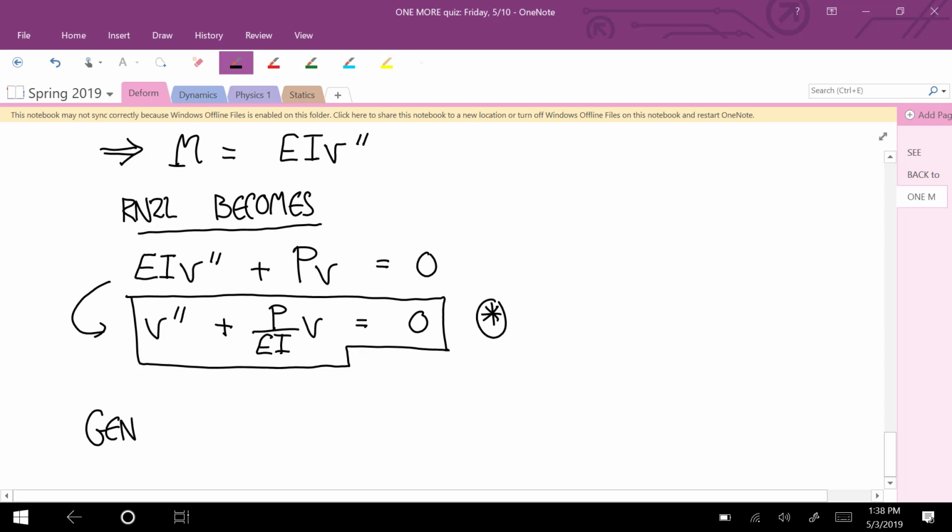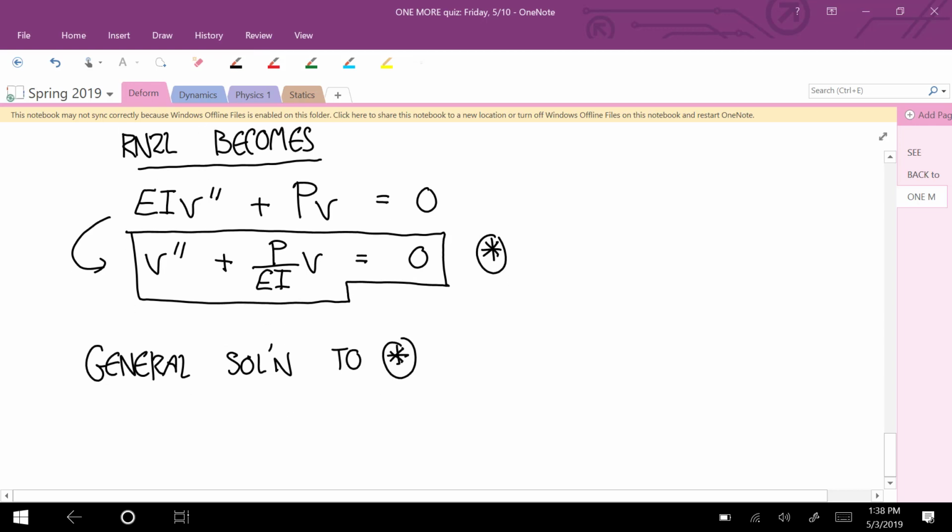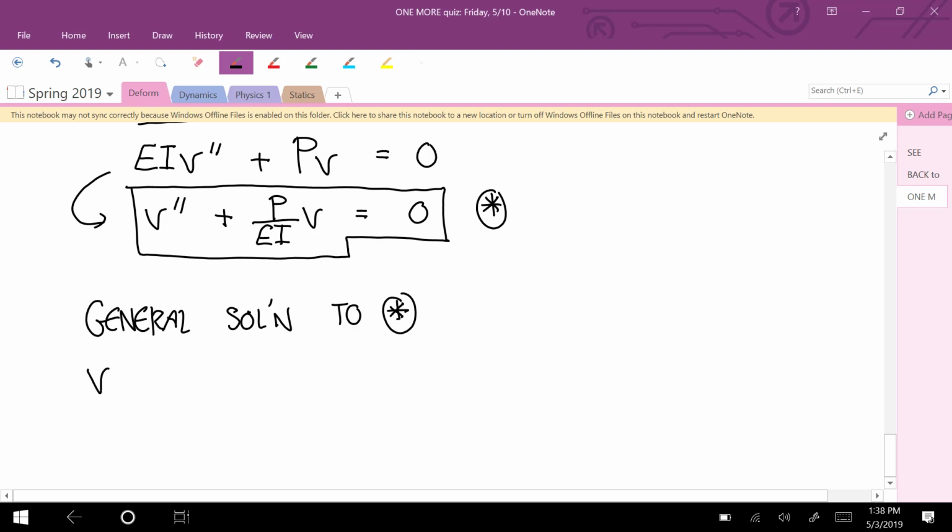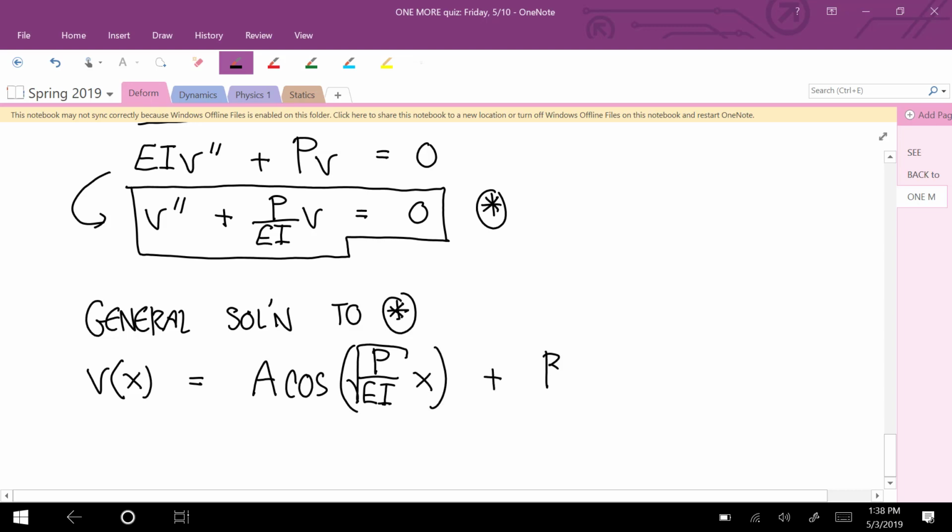The general solution to equation star, V as a function of x, is equal to A times the cosine of the quantity square root of P over EI times x, plus B times the sine of the quantity square root of P over EI times x.